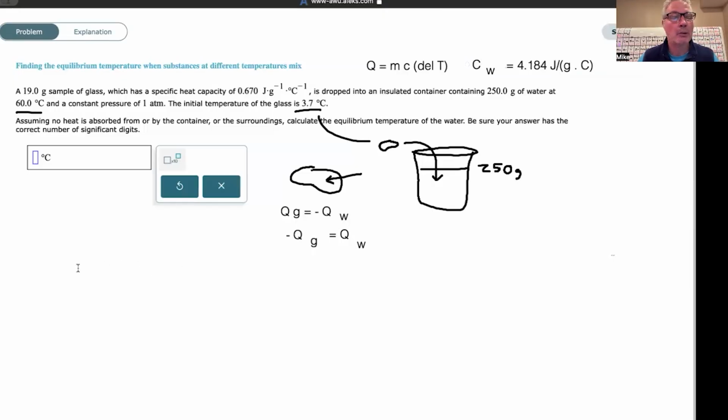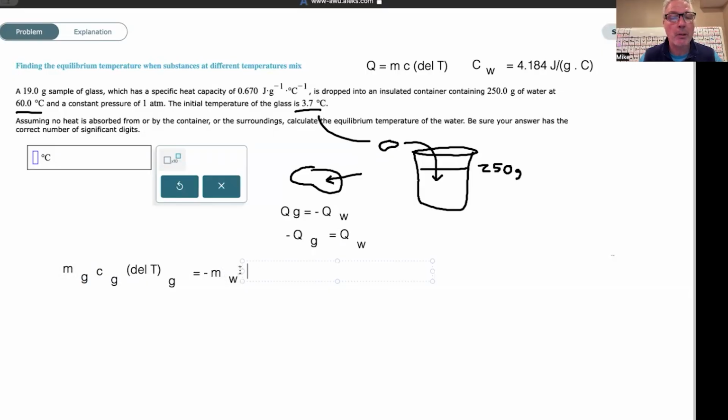So let's say M glass times C glass, which was given, times the delta T of the glass. And using that top expression where the negative sign was on the right, equals negative M water times C water times the delta T of the water.